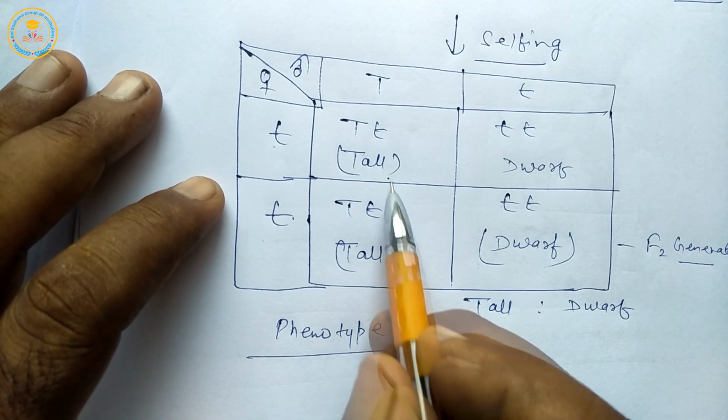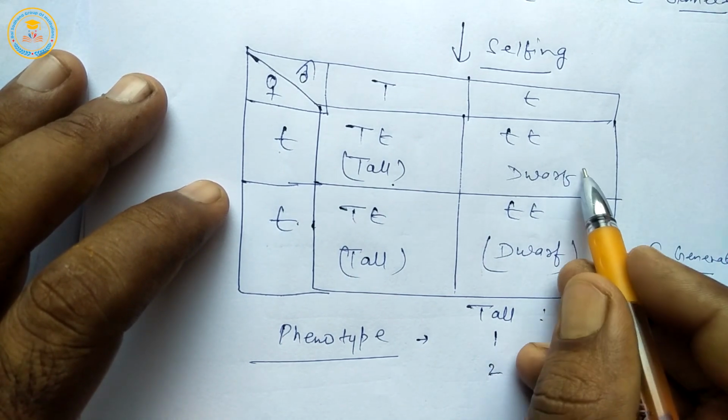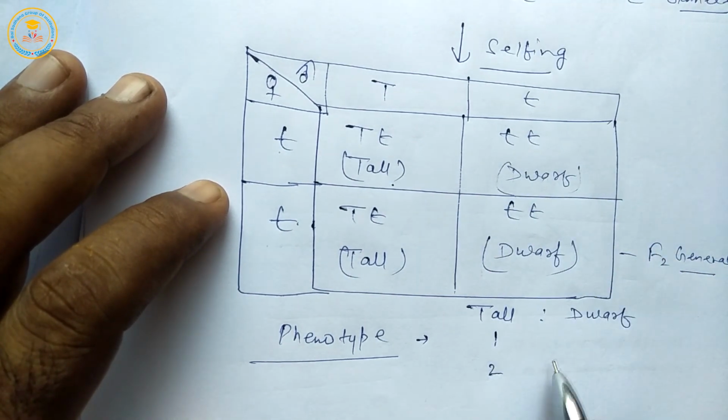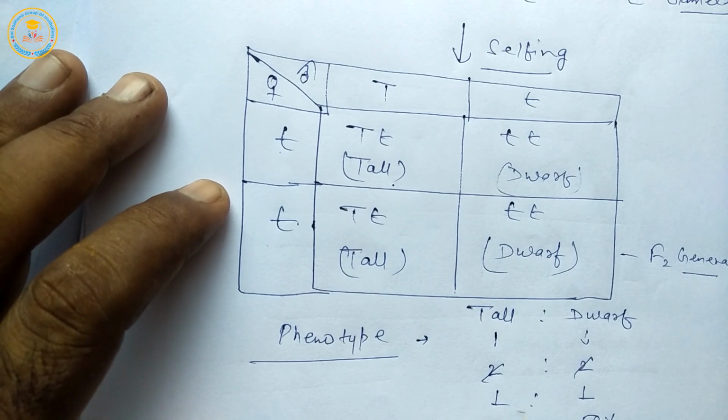In the checkerboard, 1, 2, it means two plants are tall, but dwarf 1, 2, it means 2. So ratio is 1:1 and percentage is 50 percentage.